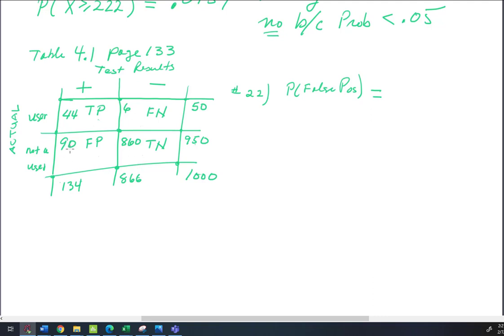We got 90 false positives out of 1,000 tests, and so our relative frequency would be 90 false positives out of 1,000 tests, and this would be empirical probability. And I could leave it that way, or I could say 9 over 100, or I could say 0.09 is the probability of a false positive.